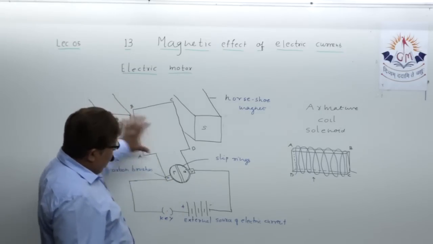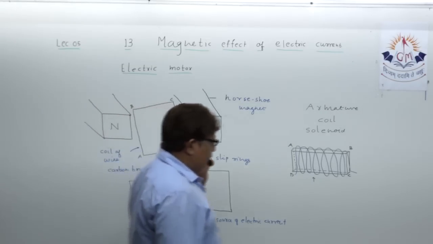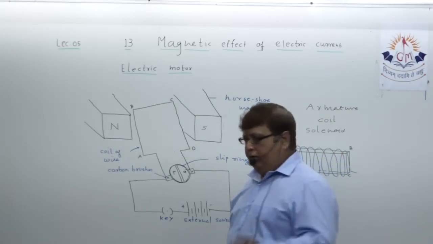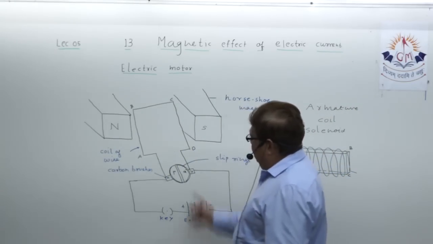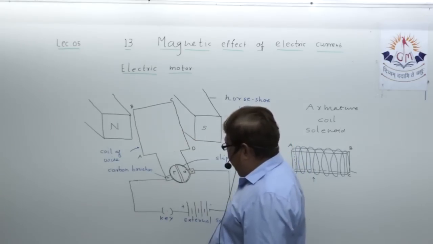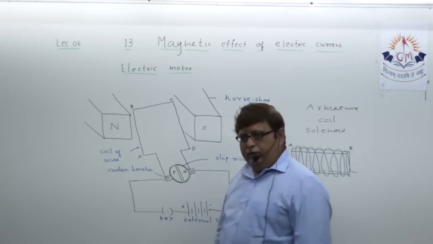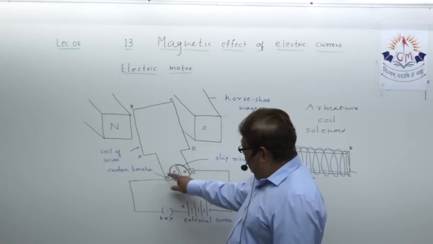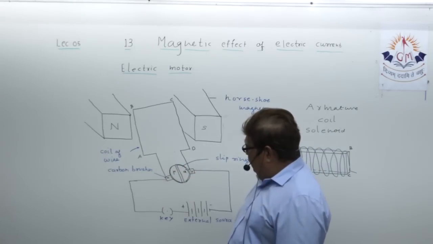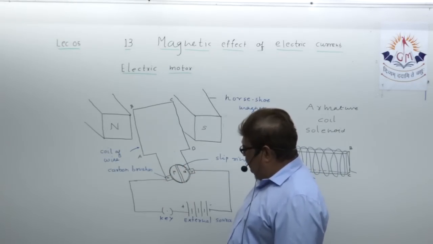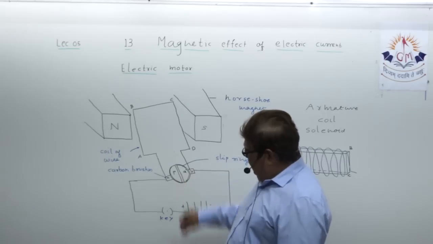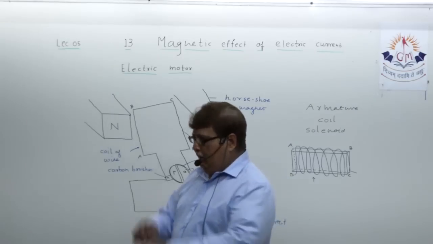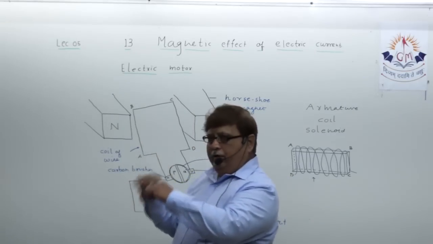But before that, all the apparatus you understood: a very powerful horseshoe magnet. Inside the horseshoe magnet there is an armature or coil of wire. Both the ends of the coil remain in contact with the slip rings, and the slip ring is going to rotate.